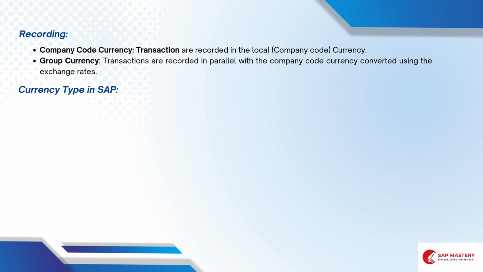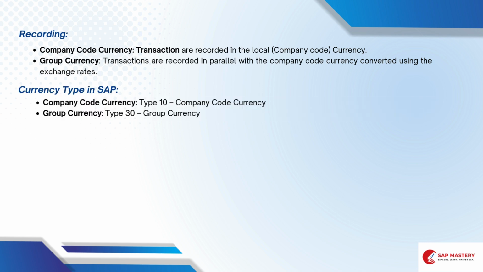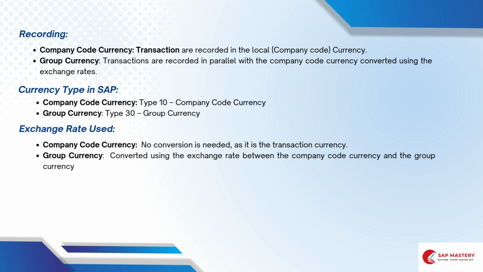Currency type in SAP. Company code currency: type 10. Group currency: type 30. Exchange rate used. Company code currency: no conversion is needed as it is the transaction currency. Group currency: converted using the exchange rate between the company code currency and the group currency.